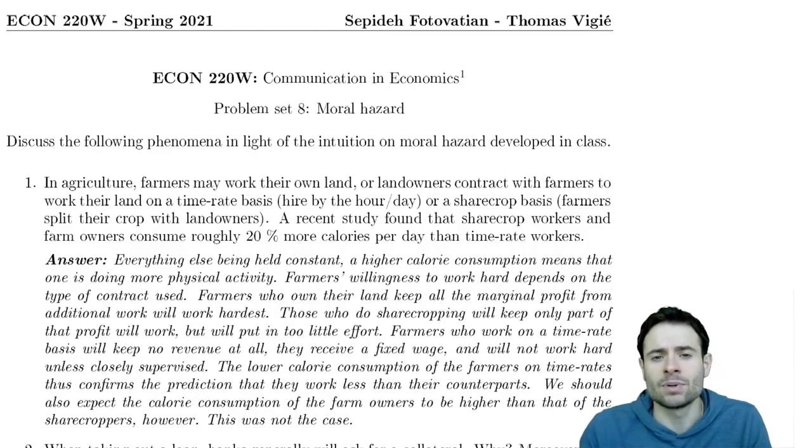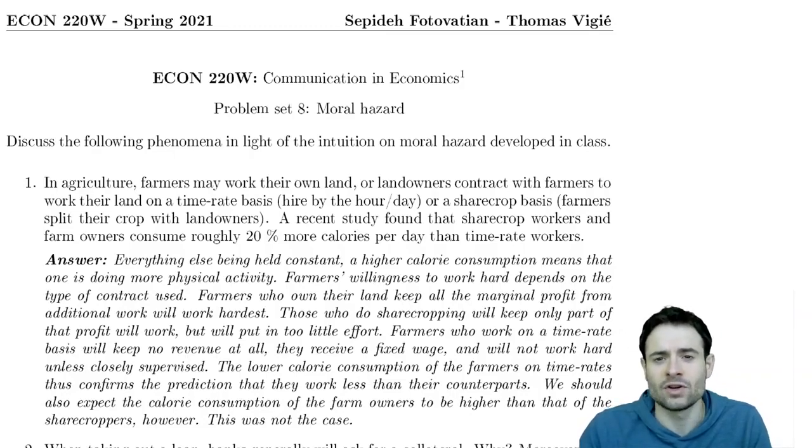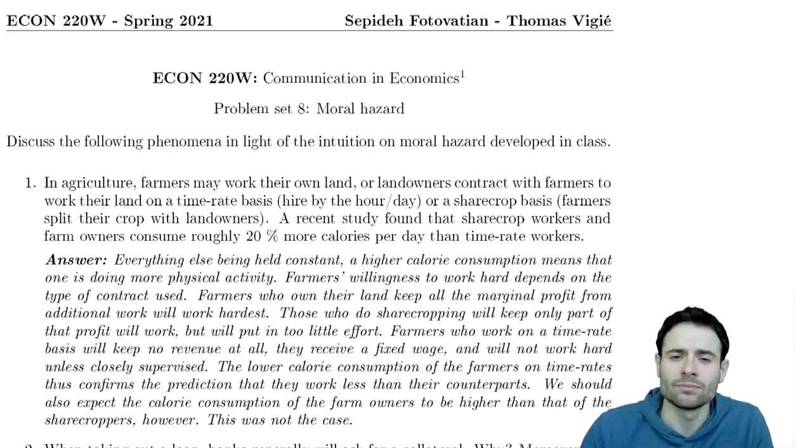Moral hazard typically happens when, first of all, interests diverge in the agreement and actions are not observable. Typical case, a worker who signs a work contract wants to get paid as much as possible while providing as little effort as possible. Effort is typically costly to provide, so this is something that a worker would like to avoid. The principal, or the employer, is the one writing the contract.